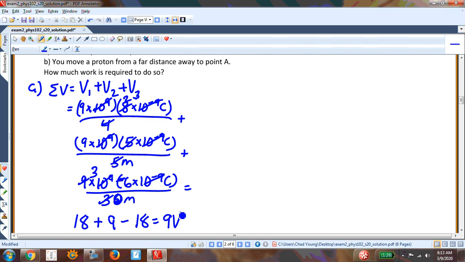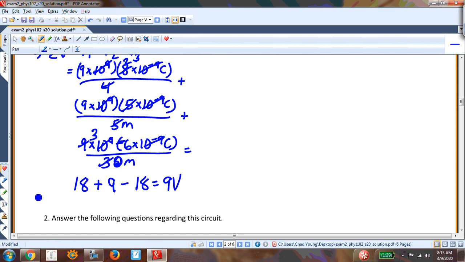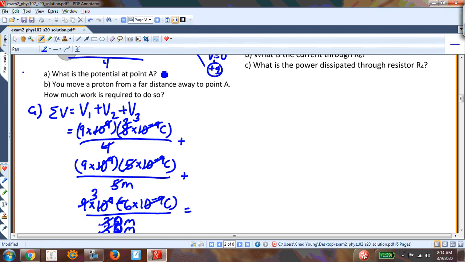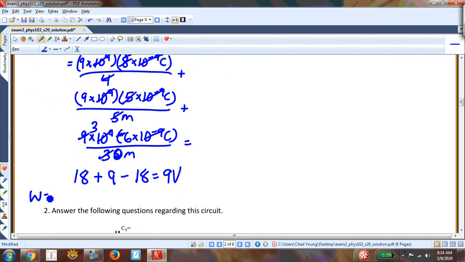And if I move a proton from a far distance away to point A, how much work is required to do so? So in order to do that, say I'm taking a proton from over here, where the potential initially is equal to 0, and then I move it over here, where the final potential is equal to 9. The work is equal to Q times delta V. That is 1.6 times 10 to the minus 19 coulombs times delta V, which is going to be the final potential minus the initial potential.